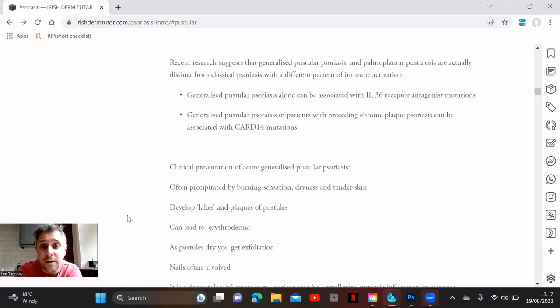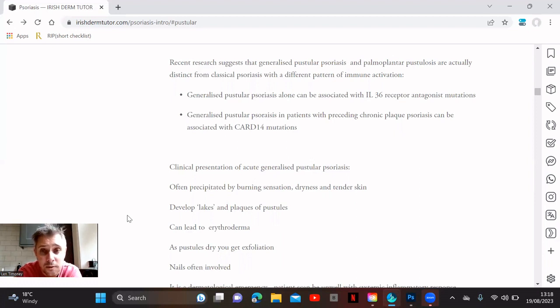Recent research suggests that generalized pustular psoriasis and palmoplantar pustulosis may be distinct from classical psoriasis, and might have a different pattern of immune activation. Generalized pustular psoriasis alone may be associated with IL-36 receptor antagonist mutations, and generalized pustular psoriasis patients with preceding chronic plaque psoriasis may be associated with CARD14 mutations.